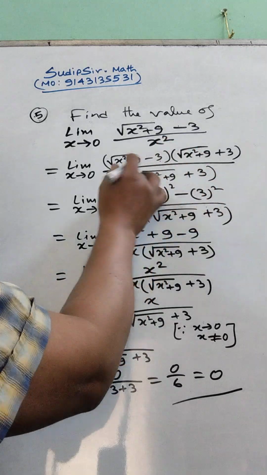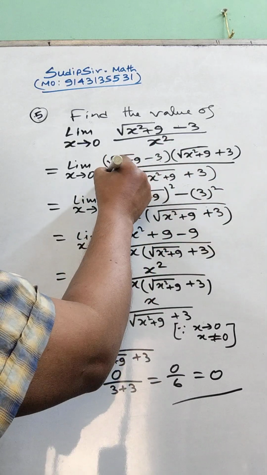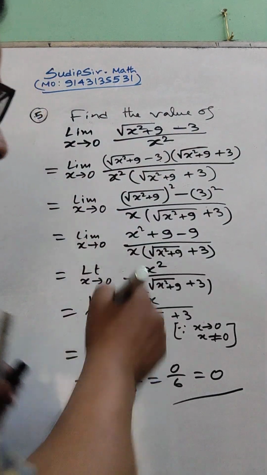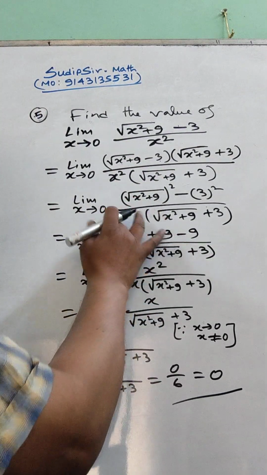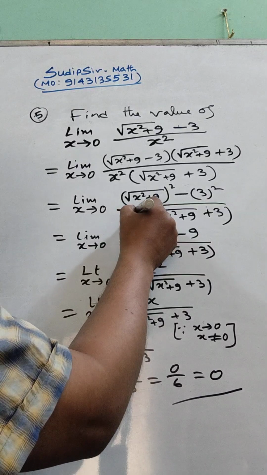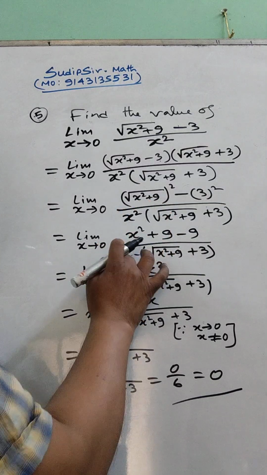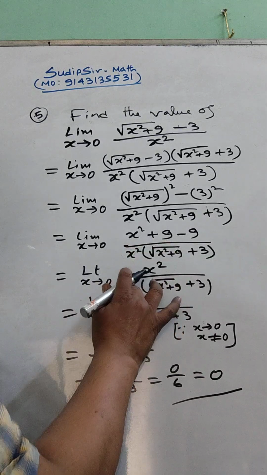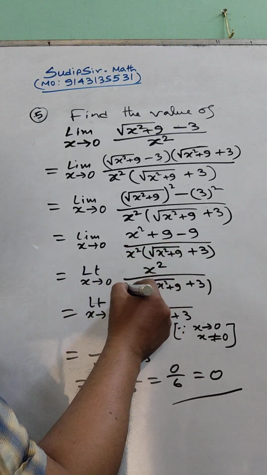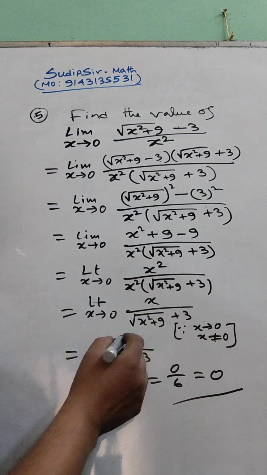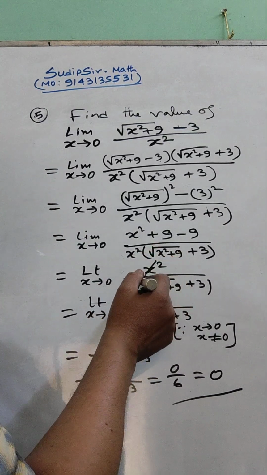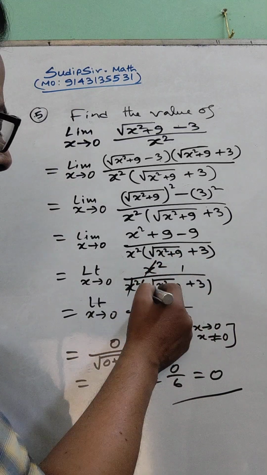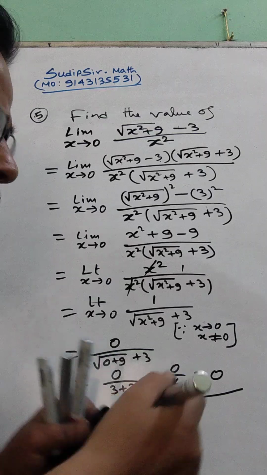Multiply with the conjugate, and this is just x square. Now it totally cancels. This part is totally x square cancelled, it will be 1. So the numerator part will be 1.